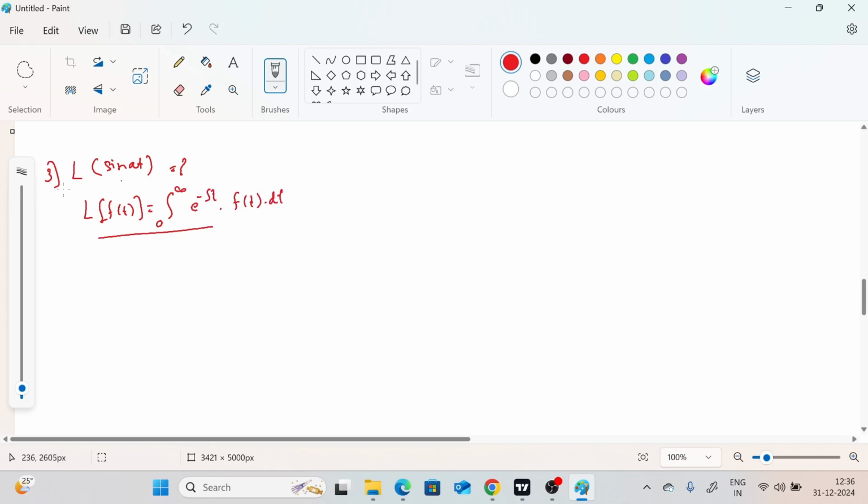Now the function value is sin at. So we are going to use the Laplace of sin at, which is the integration from 0 to infinity of e raised to minus st into sin at dt.